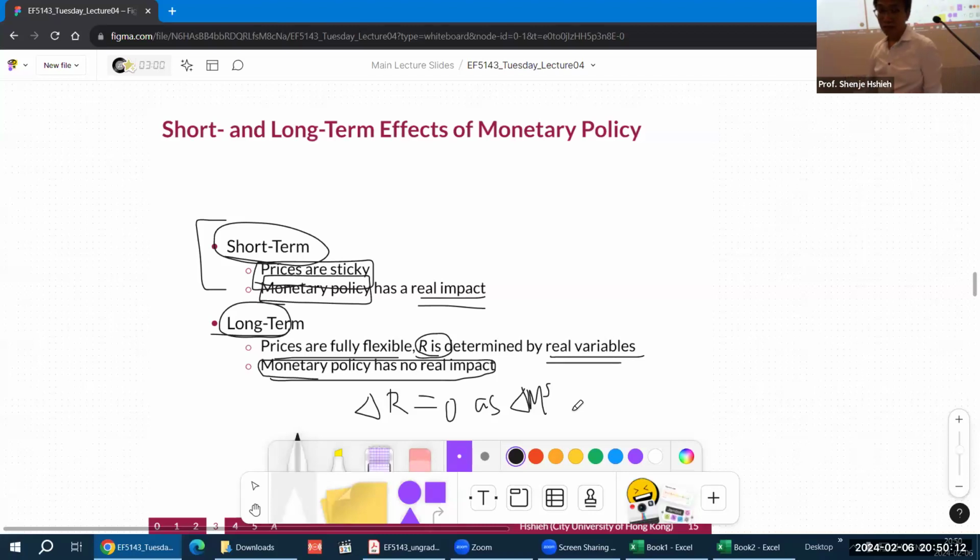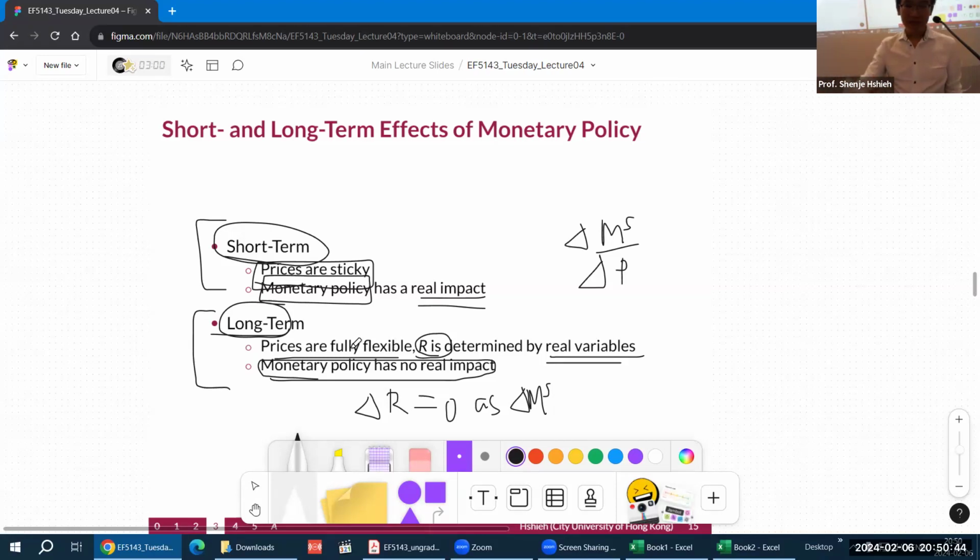Because prices also change. You can see this because of MS over P: if prices change in proportion to the change in MS, then nothing happens. Therefore R doesn't change, and monetary policy is useless. In modern economics, we have incorporated this critique, meaning that if we have enough time, yes, it's true.